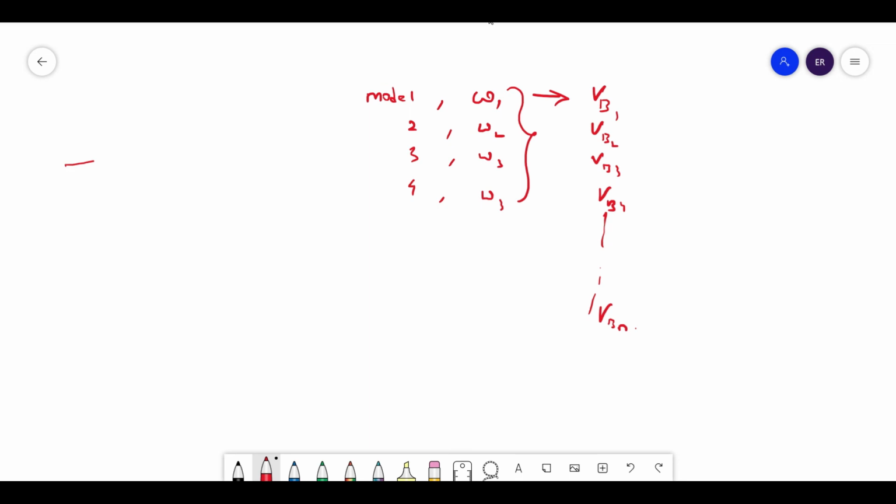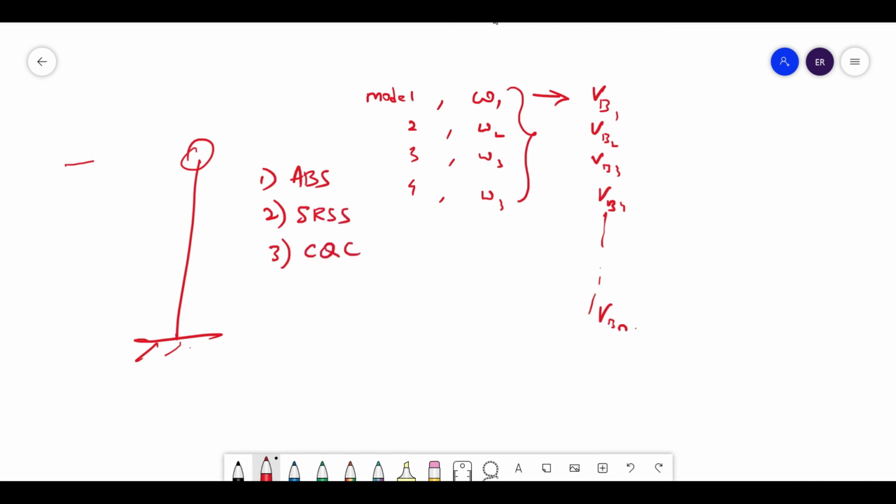So to summarize, for the whole structure, suppose you are having a structure something like this, you will need the exact base shear based on response spectrum analysis. When you have all these base shears for each mode, we basically have three methods: the absolute sum method, the ABS method, the SRSS method, and the CQC method.